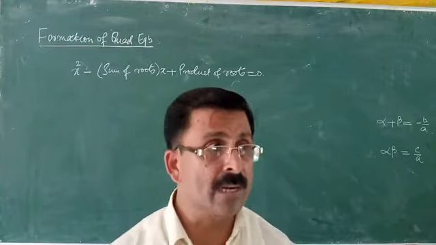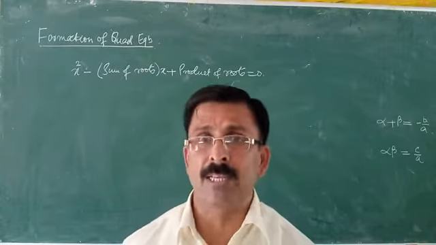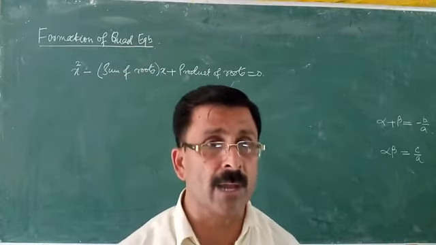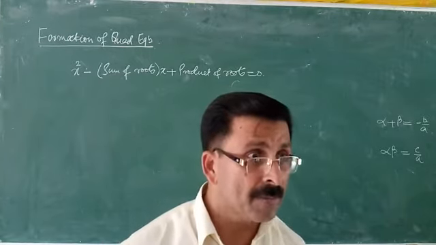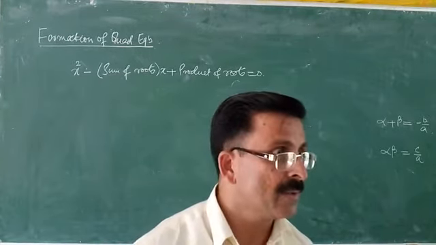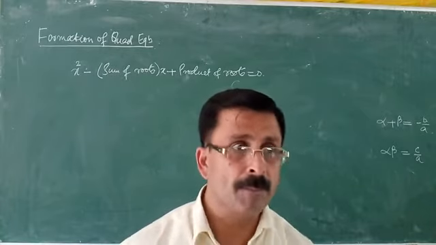But if the roots are different, for example alpha square and beta square for any quadratic equation, then we will write the sum of the two roots as alpha square plus beta square.